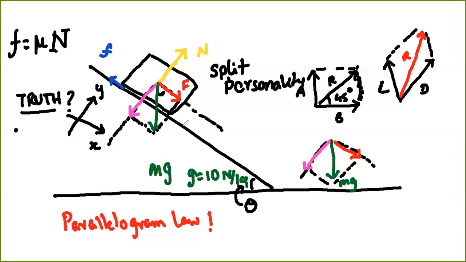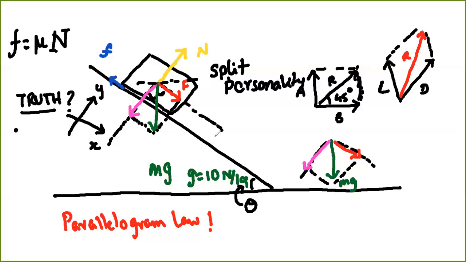This is the slope. Wait, I usually do it like this. But shouldn't both angles be the same? Yeah, you're right. No, they won't be the same. If they were the same, that is only possible at 45 degrees. So the angle between the pink one and the mg is the same as the angle of the slope. But that's a different matter.